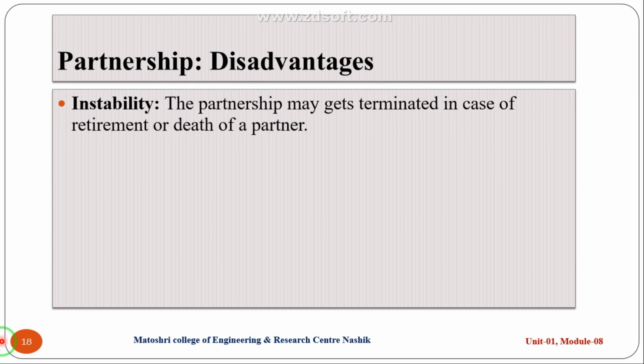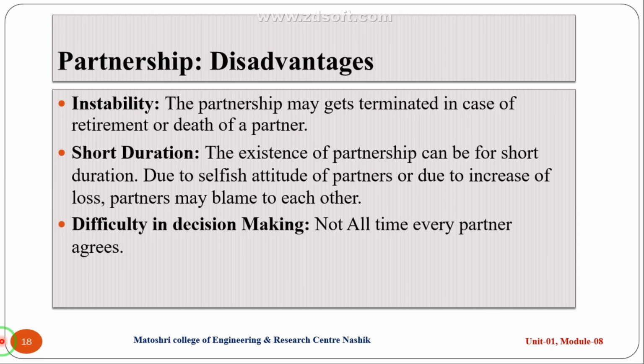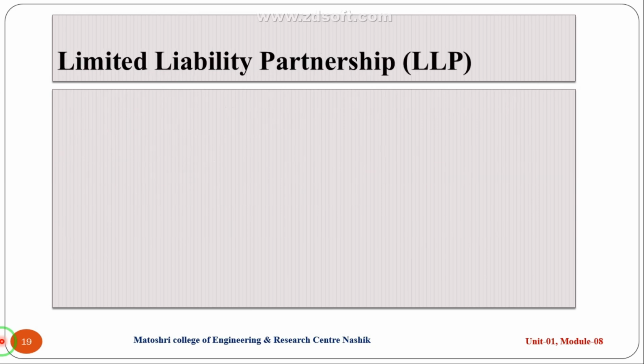The partnership may get terminated in case of retirement or death of any partner. The existence of the partnership can be for a short duration due to the selfish attitude of partners or due to an increase in loss. Partners may blame each other. Difficulty in decision making: not every partner agrees every time.